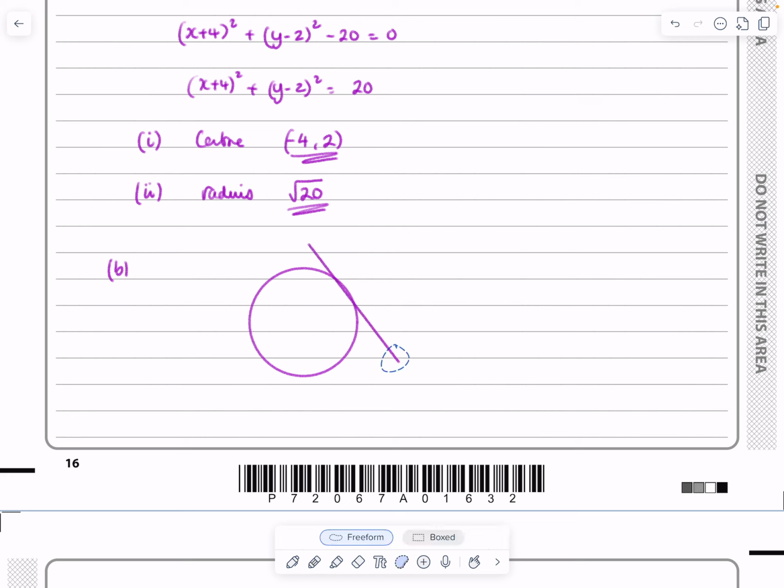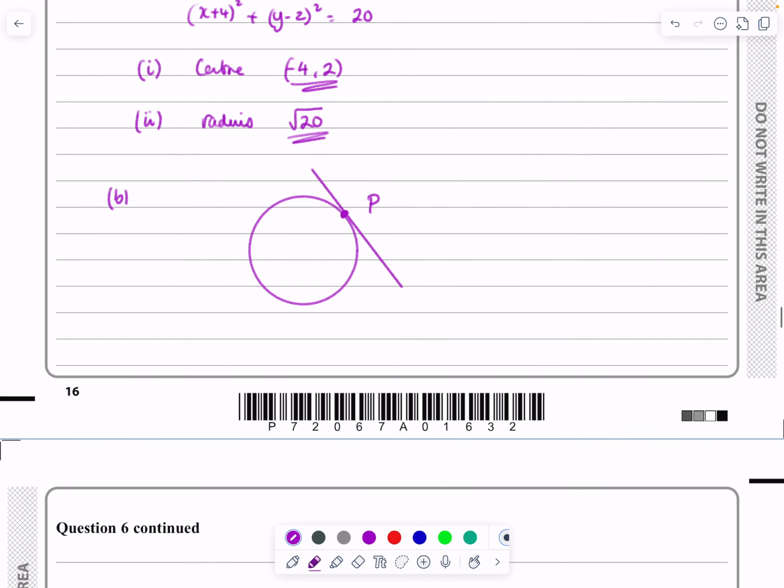Now, if we know the equation of this line, it's going to intersect where the two equations solve simultaneously. If it's a tangent, when it intersects, there's only going to be the one point here, P. But either way, the tangent will intersect with the circle at the solution to the equations. What have I got?